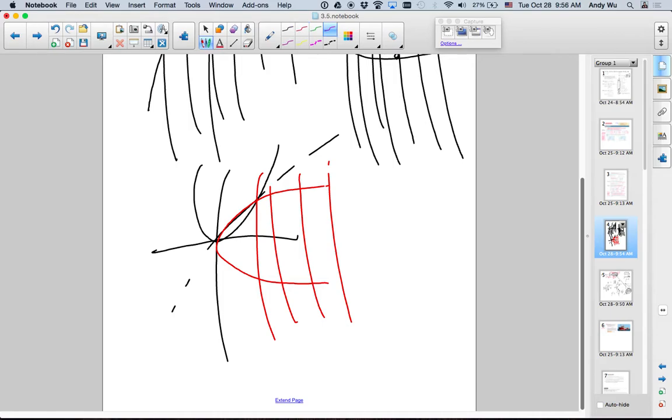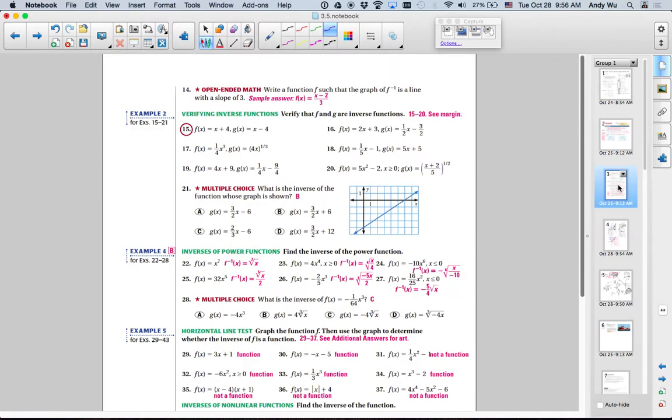Yes, because these red lines are the same as these 4 blue lines. So we call it the horizontal line test, which is kind of dumb. But really, you're doing the vertical line test for the inverse using the original graph. Does that make sense?